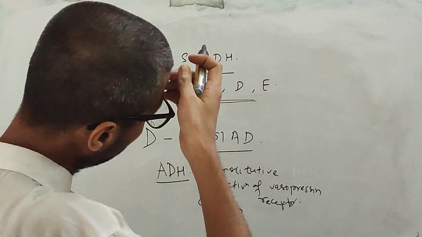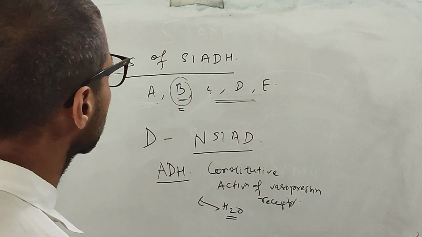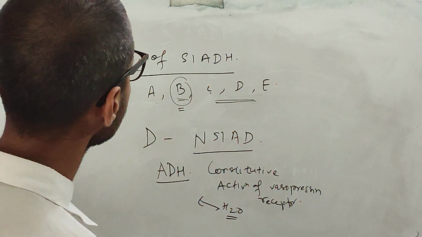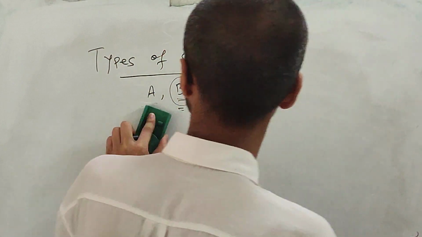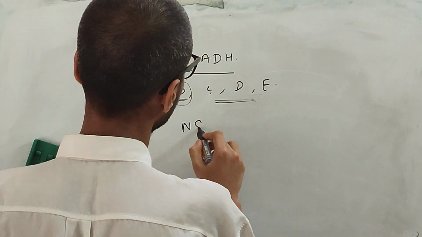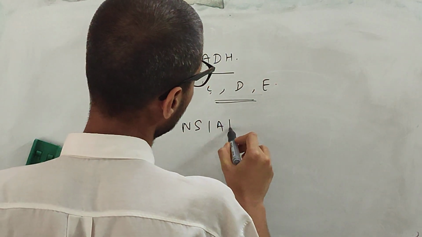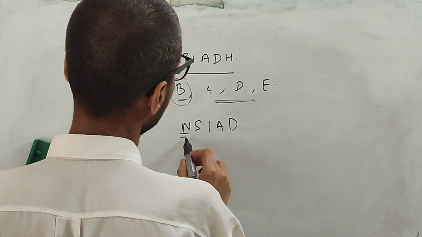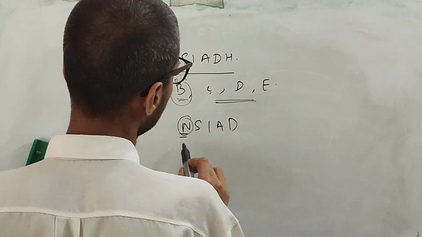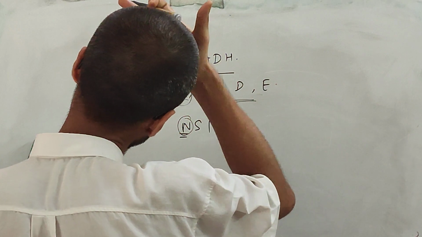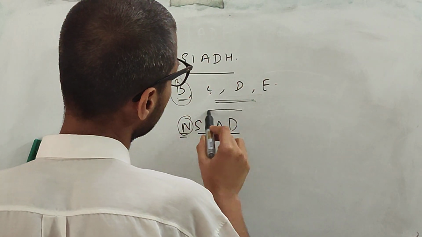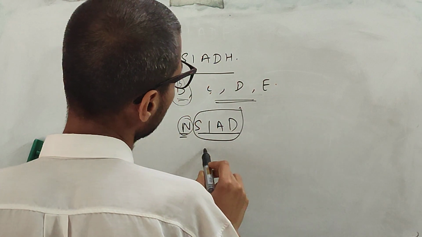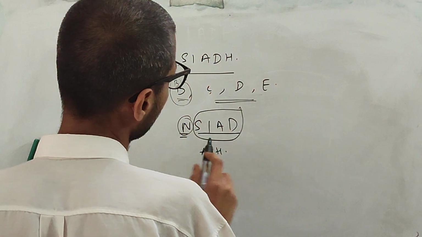Despite ADH being normal, more water retention occurs. This is called nephrogenic syndrome of inappropriate antidiuresis. Why is it called nephrogenic? Because V2 receptors are present in kidney tubules. So nephrogenic and syndrome of inappropriate antidiuresis. The picture is like SIADH, but ADH concentration is normal.